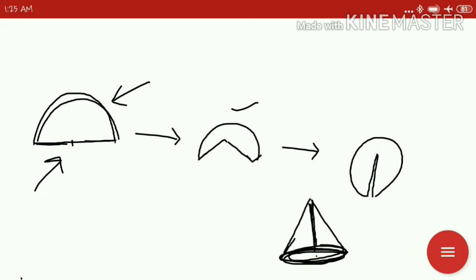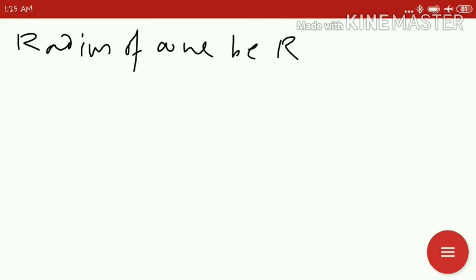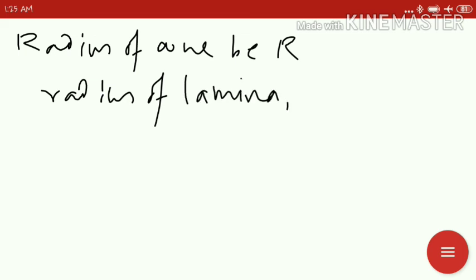So here, if I assume that the radius of the cone be capital R, and the radius of the lamina as small r equals 35 centimeter.